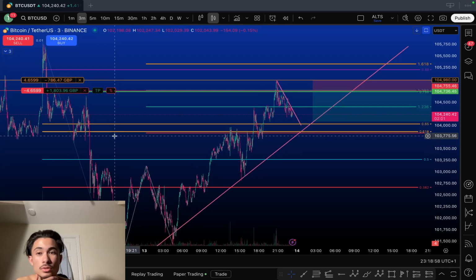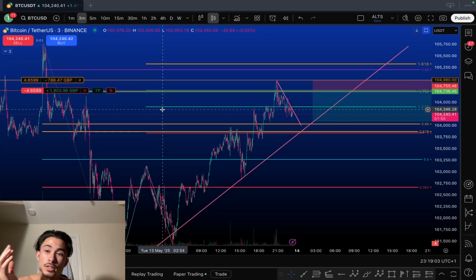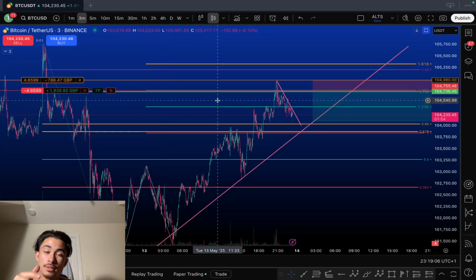If you get a good entry on the 0.786, because that third wave, you know, the maximum target for a second wave is the 0.786. So it's either we break past the 0.786 to the 0.88, which invalidates the whole setup and turns into an ABC or whatever, or that second wave target, the 0.786, holds, and that third wave comes in like crazy, and you can make a killing.